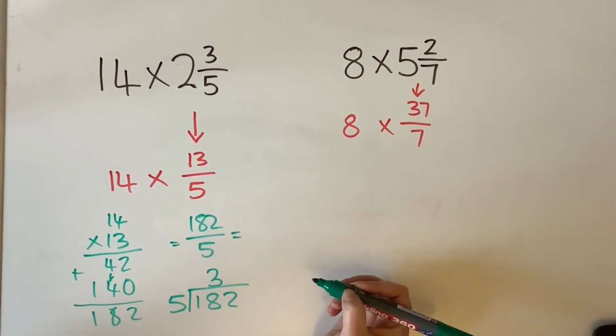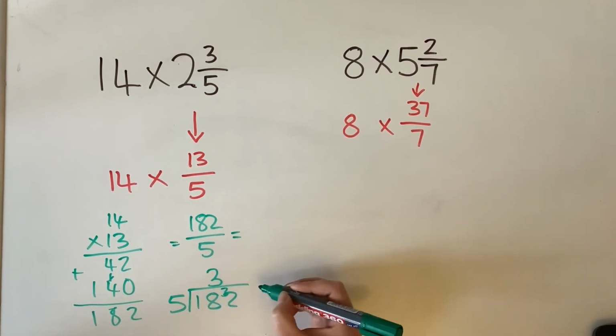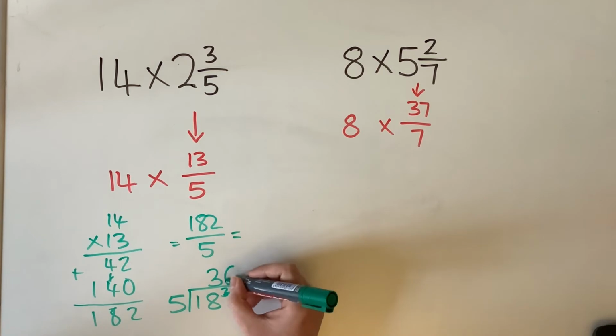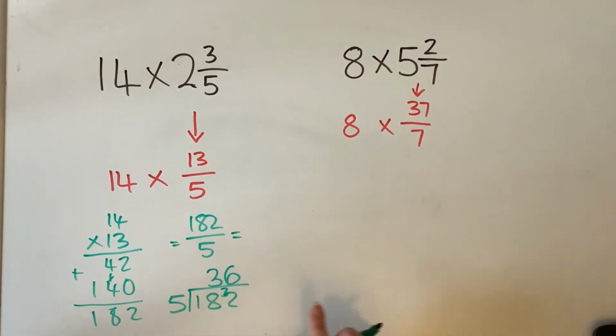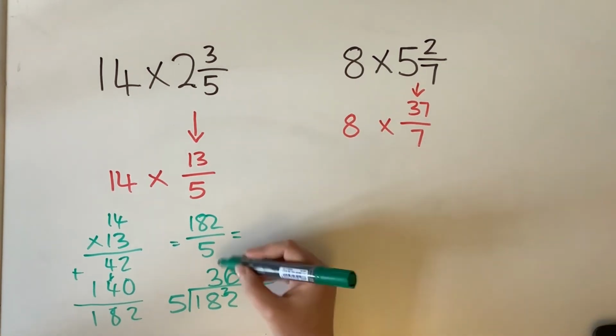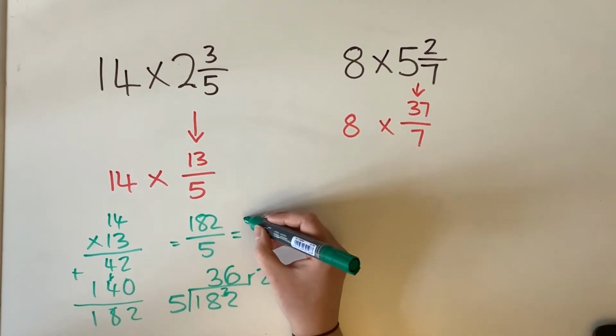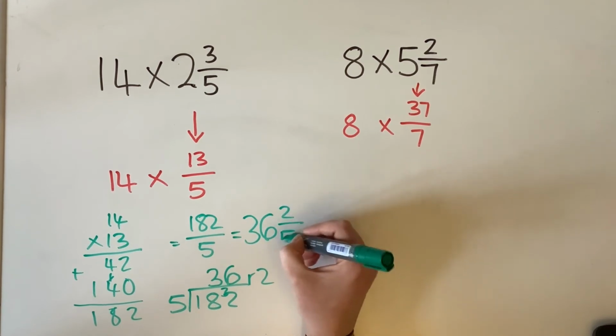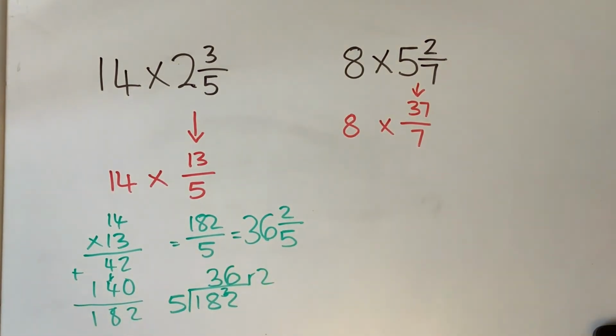What's left over is 3. How many 5's go into 32 is 6, obviously with 2 left over. It's like a remainder 2. So as a mixed number fraction would be 36 and 2/5. So really well done if you got that correct.